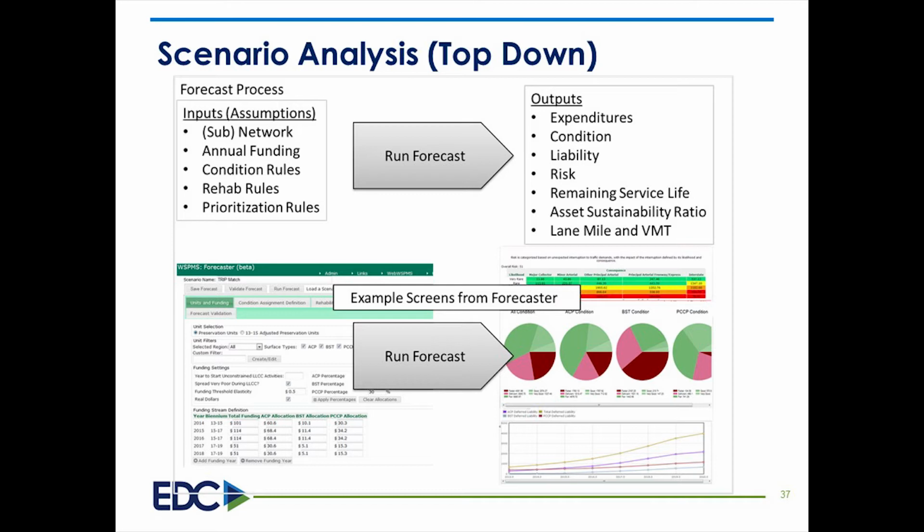If we change our strategies, if we change our annual funding, if we change the rules of what we consider to be acceptable and so forth, how will it affect these different performance measures as we look into the future? Unfortunately, the legislature is always asking, what would happen if we cut the budget this much or that much? So we have the ability to come back and give them some feedback on that.